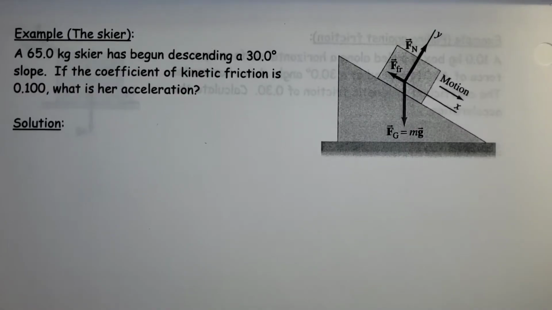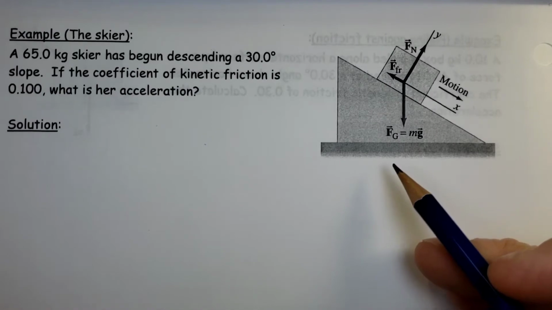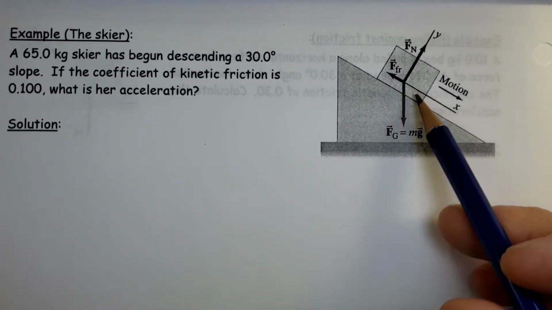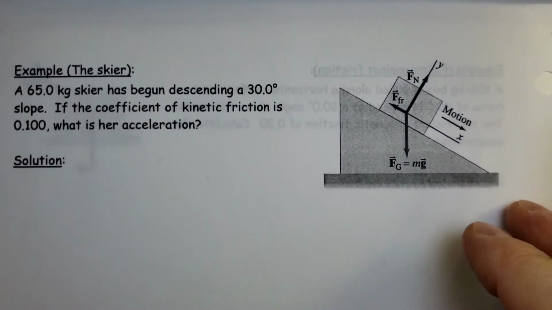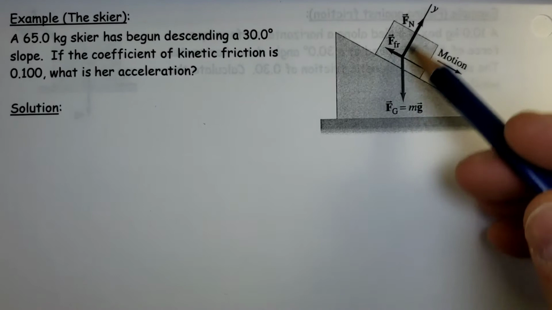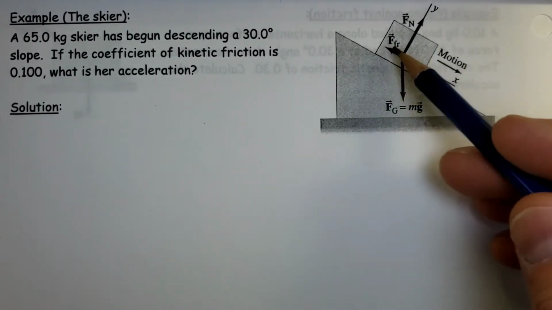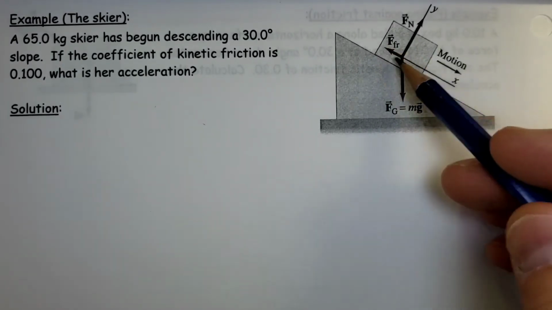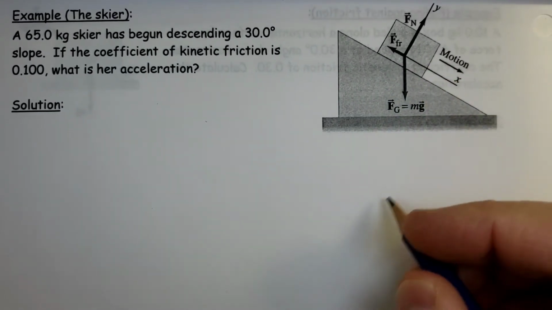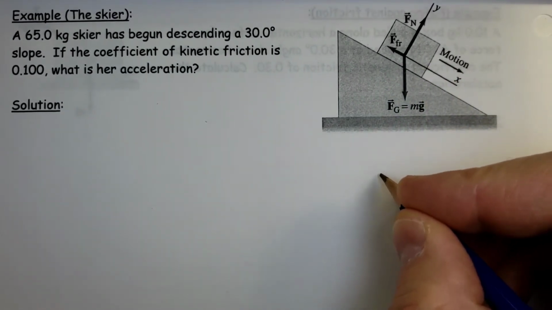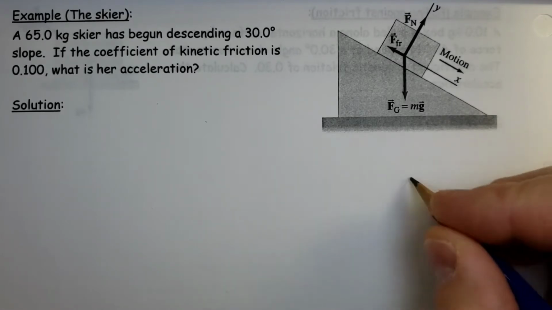If we apply that information to a scenario, we could have something like this. Notice it was horizontal, but now it's tilted. Fn is still perpendicular to the surface. Friction is working against me, and then you have this pulling downwards. Let me redraw this.